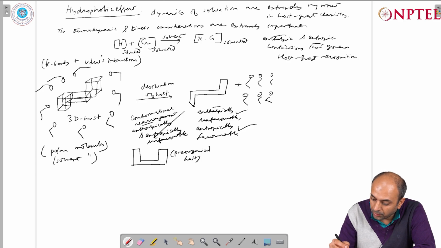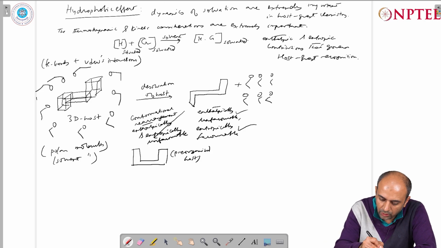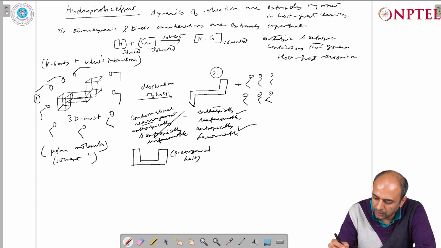Already during the process of synthesis, this cost would have been paid during the process of preparation of the particular pre-organized host, and therefore that will not play an important role now. So, however, now that we have got a pre-organized host, this is the first stage where you have the host being solvated, the second stage which is the desolvation, the third is the conformational change. So, these are the processes which happen from the host side.